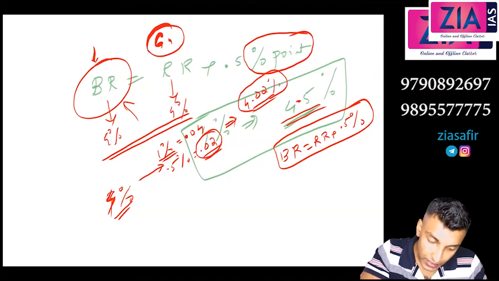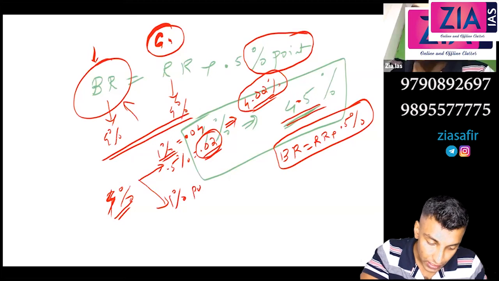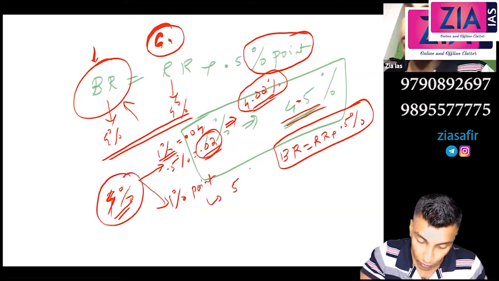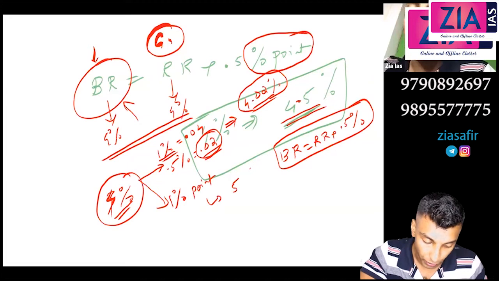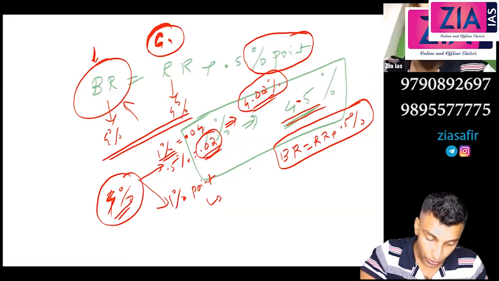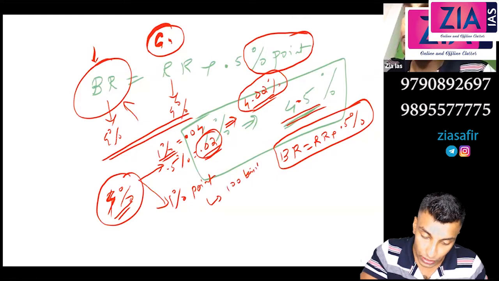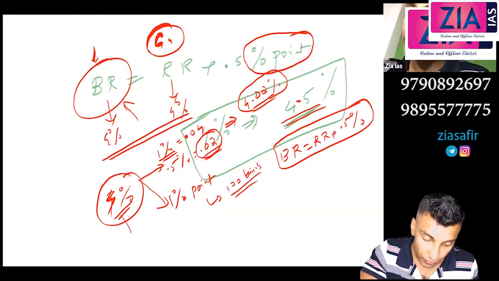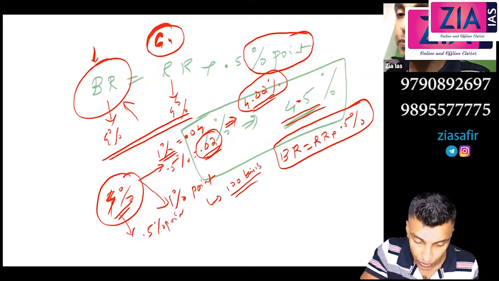But if I am saying percentage point, 1 percentage point means if this is 4, this is going to be 5. 1 percentage point means 100 basis points. So if it is 0.5 percentage point, it is 50 basis points. So I can actually write 4.5 percent.